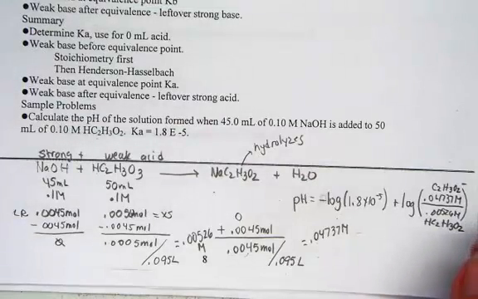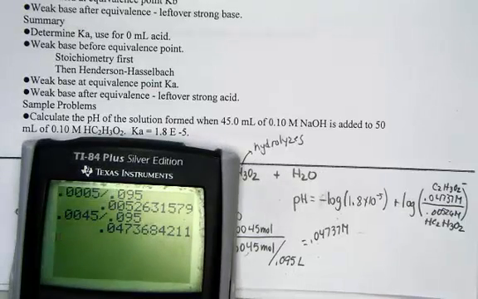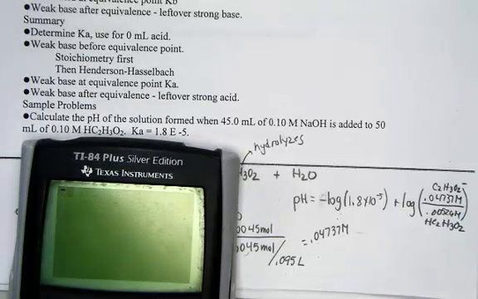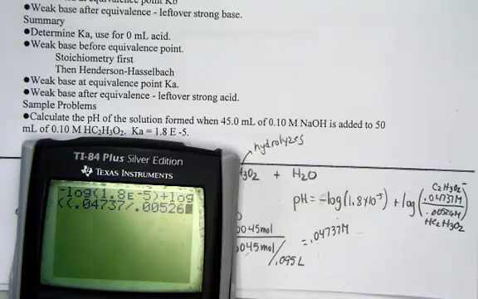Let's hit for the pH of our solution. pH is equal to pKa plus the log of the ratio of base over acid. Let's see what we find. So negative log of 1.8 E negative 5 plus the log of the ratio of 0.04737 divided by 0.00526.